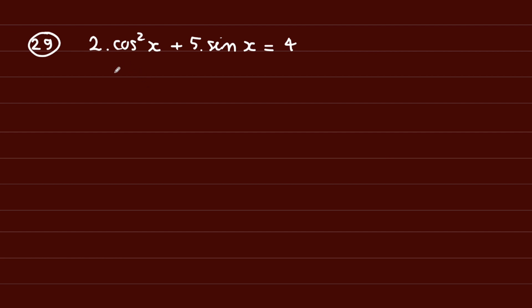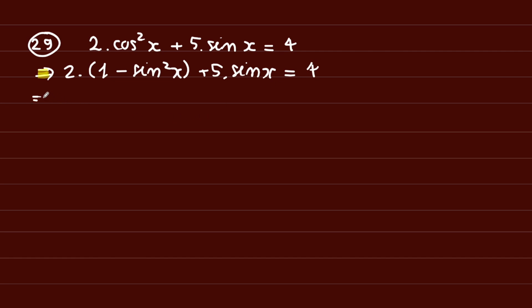Question 29. Once again, you got the form of cos square combining with sin h. Cos square h plus 5 sin h equal to 4. And you know how to work with this one, right? You got 2 here: 2 times 1 minus sin square h plus 5 times sin h equal to 4. Expand this one.